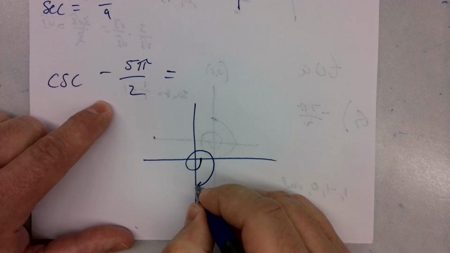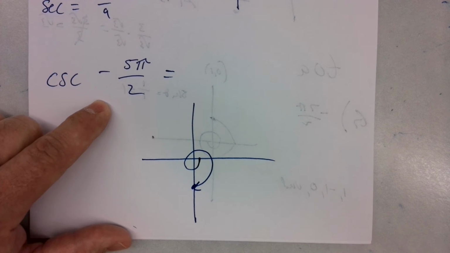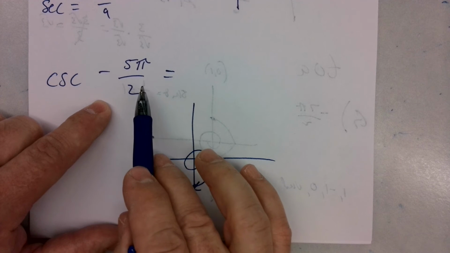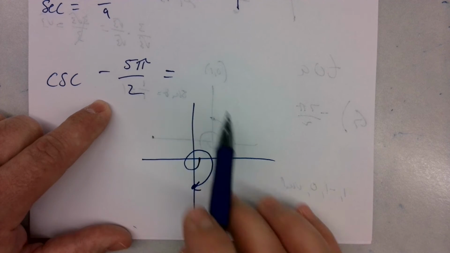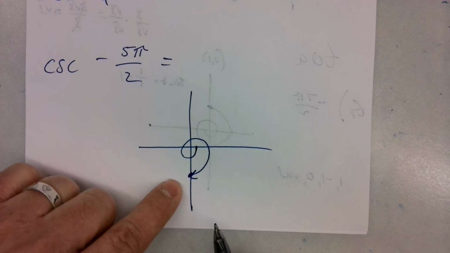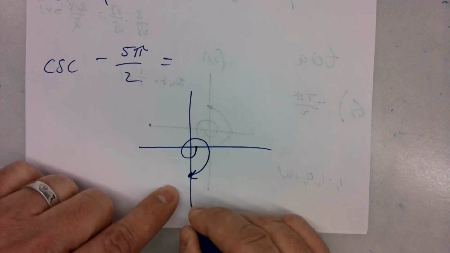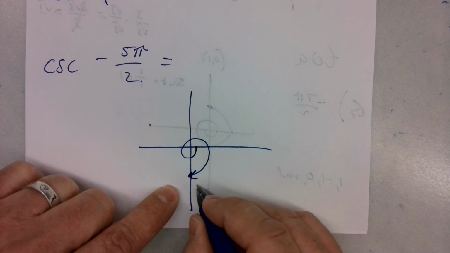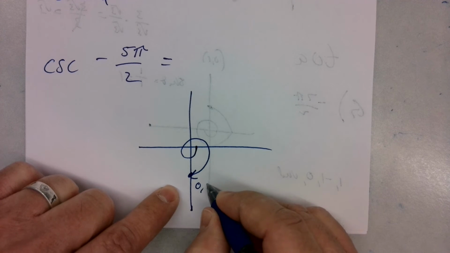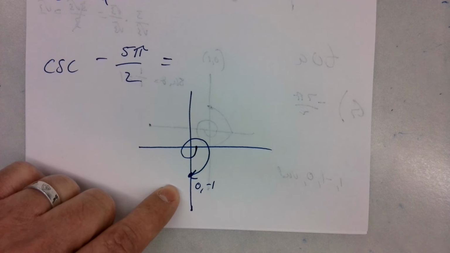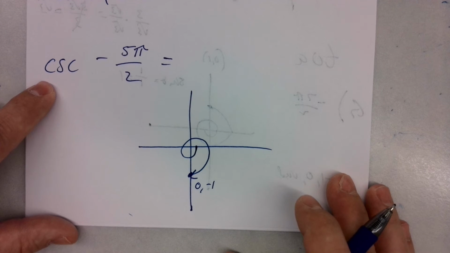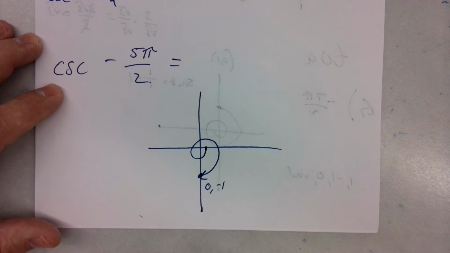Isn't that where that's at? 'Cause isn't that negative 2.5 pi? Right? And what do I know about these? It's on a line, so I just have to know my point. And that's going to be what? 0 and -1, correct?